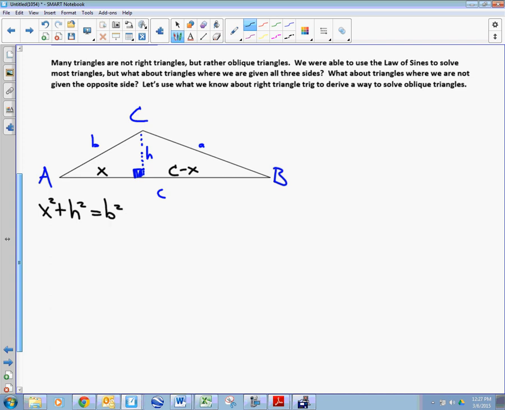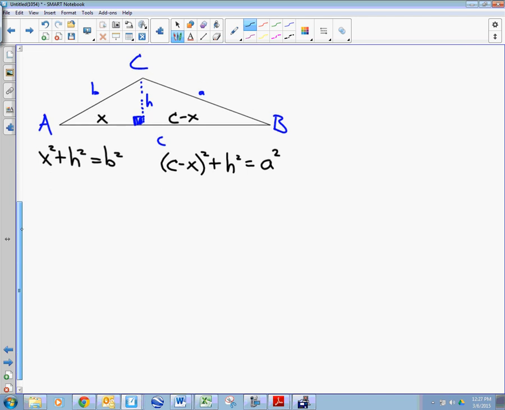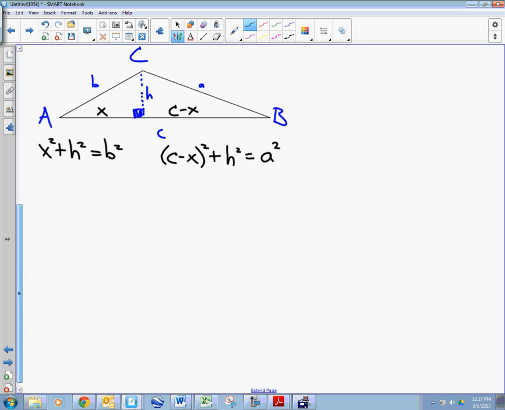And that (c minus x) quantity squared plus h squared is equal to a squared. Would you agree that when I'm done, I want some type of equation that has a's, b's, and c's, but no x's and no h's, right?